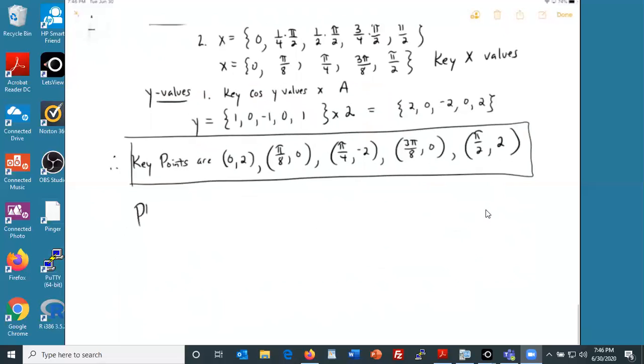Now I'm going to plot these. So I know that my cosine goes up to 2 and down to -2. And on my theta axis, we have just those key values, pi over 8, pi over 4, 3 pi over 8, pi over 2.